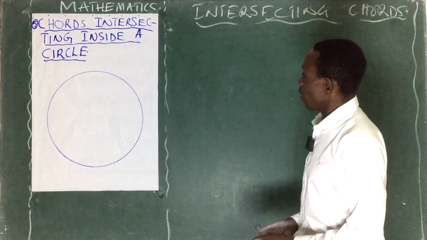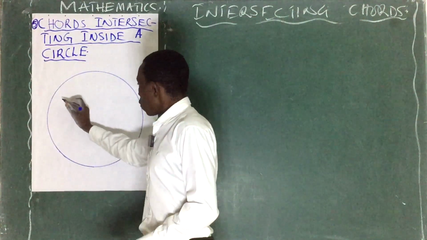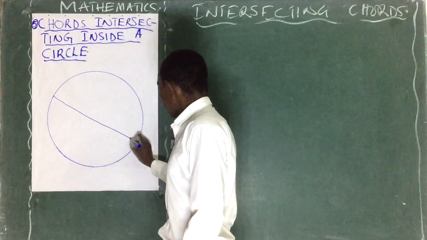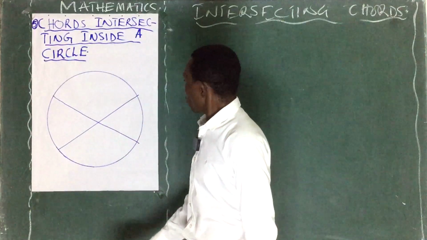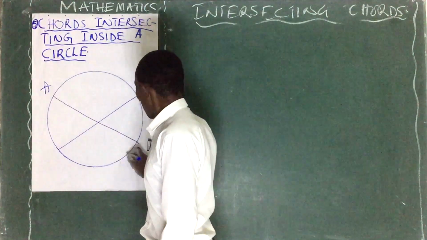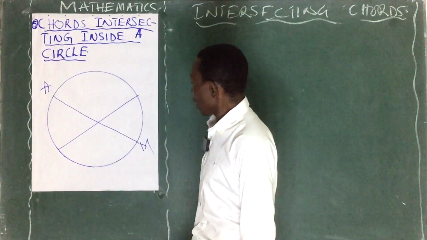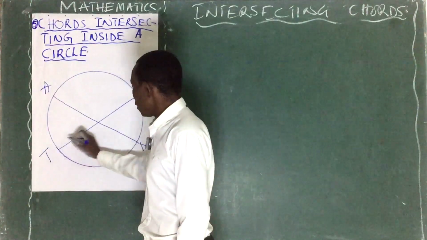Right, so here I'll have my chord. One of it, I'll draw like this. Another chord, I'll draw like that. These chords can be defined as AM, and the other one, let's have this as TB.